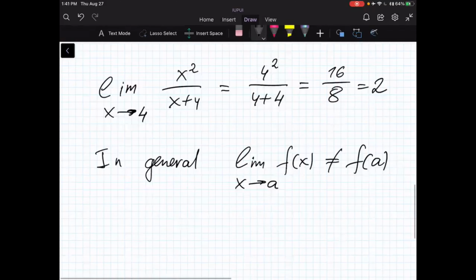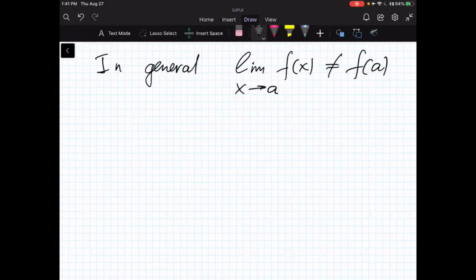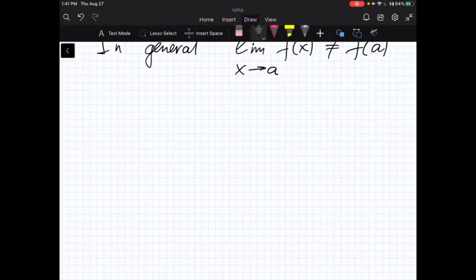Okay, and another way to find the limit of the function is to draw the graph. So let's consider again y equals x squared over x plus 4.